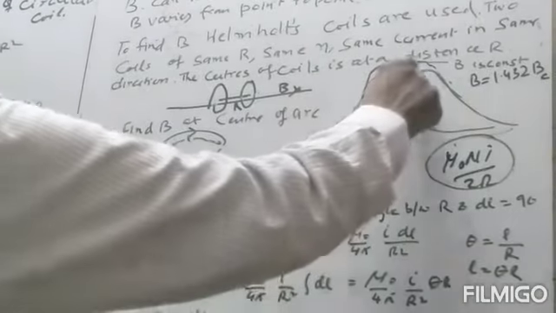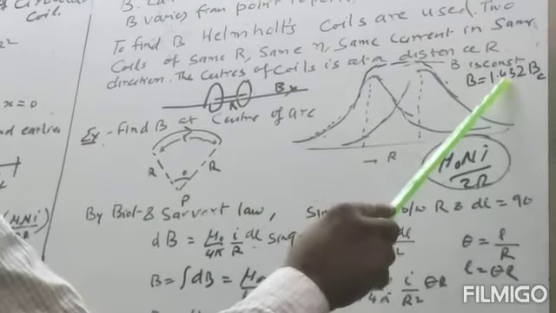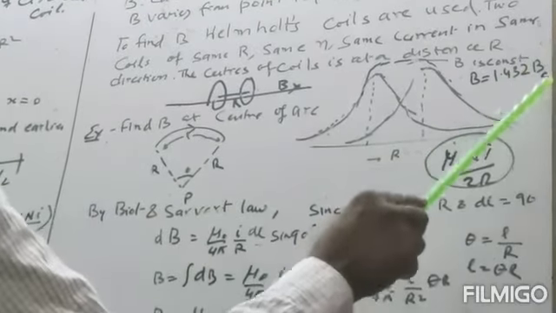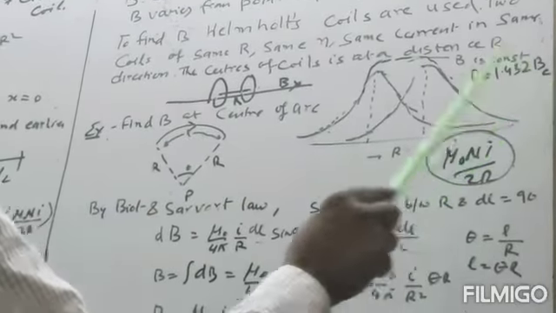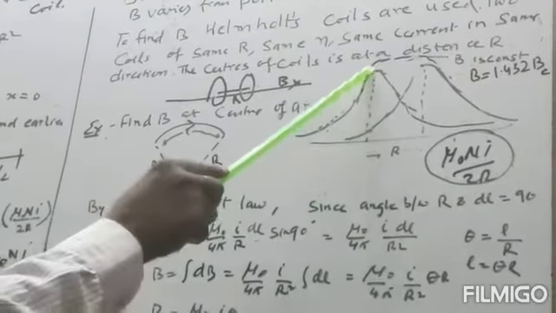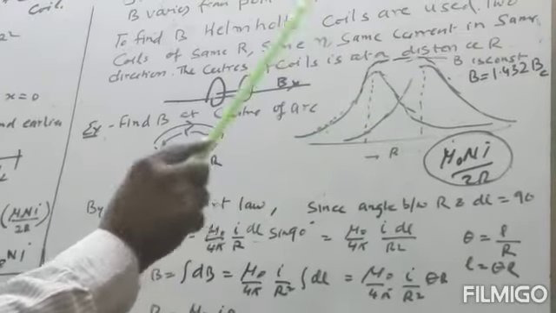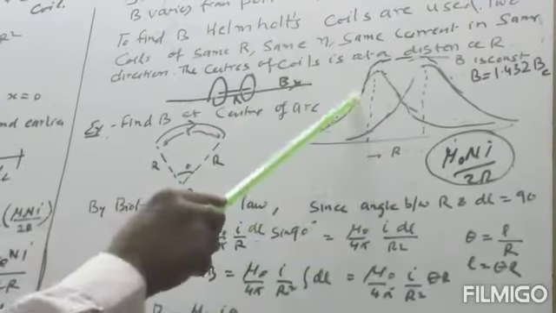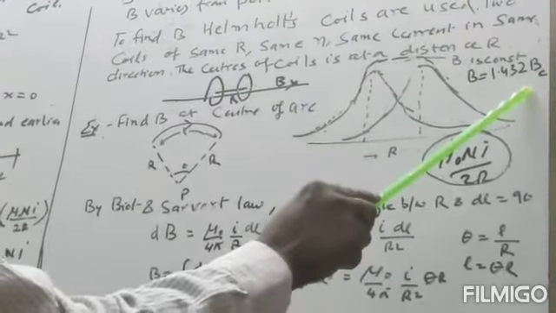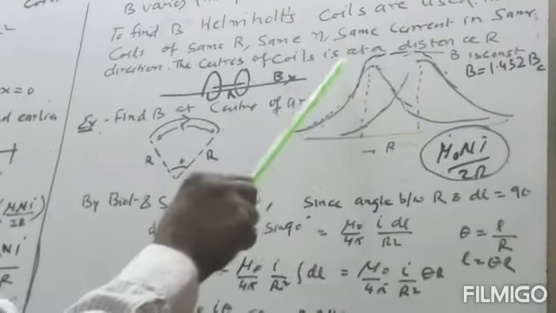And this value is 1.432 times the magnetic field. In books, this figure is given wrong, and they say the magnetic field is constant here. That is wrong. The magnetic field is higher than B_C, nearly 1.5 times this.